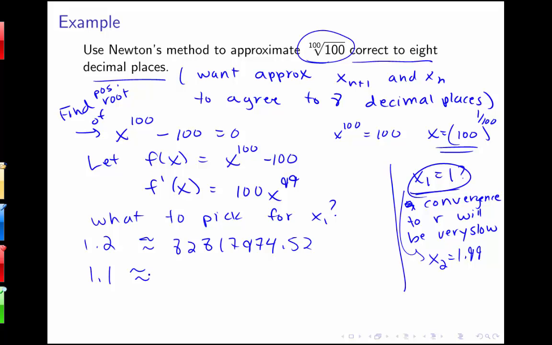If we try 1.1 to the 100, we get 13780.61234. Okay, so this seems better. Now if I do 0.9, sorry, these should be to the 100. We're just trying to get a good starting place. 0.9 to the 100 gives us something that's very, very small.